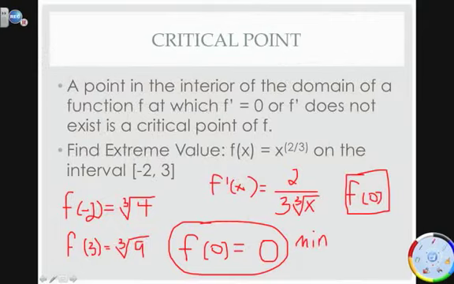And cube root of 4 is smaller than the cube root of 9. And that means the cube root of 9 is the biggest number. And that tells me this is my maximum point. And you can graph this and determine this for yourself, that that's actually the minimum and the maximum point. All right, so I'm going to erase this here, and I'm going to look at our next example.